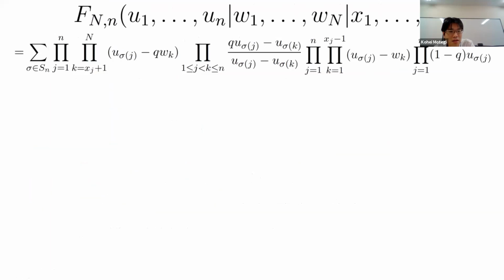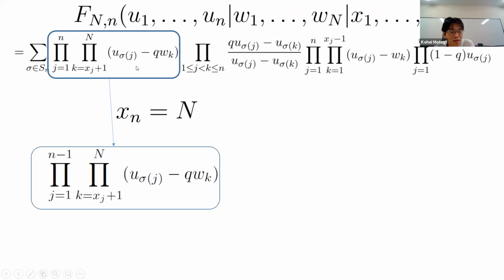And if you look at this part, then you can actually see that for the factor where j is equal to small n, there's no factor which has this n, so it doesn't exist. So this can be written as this.